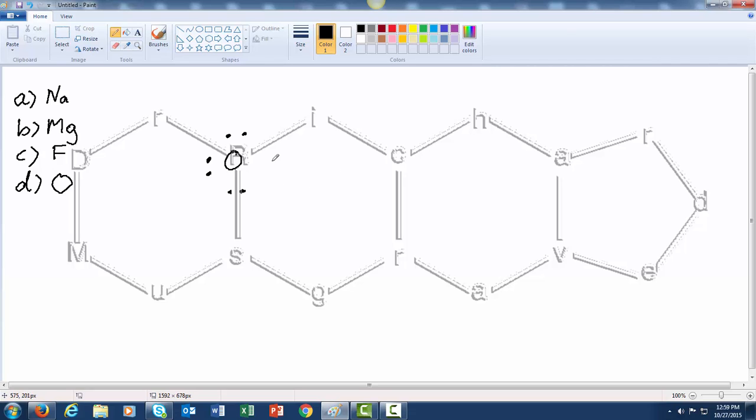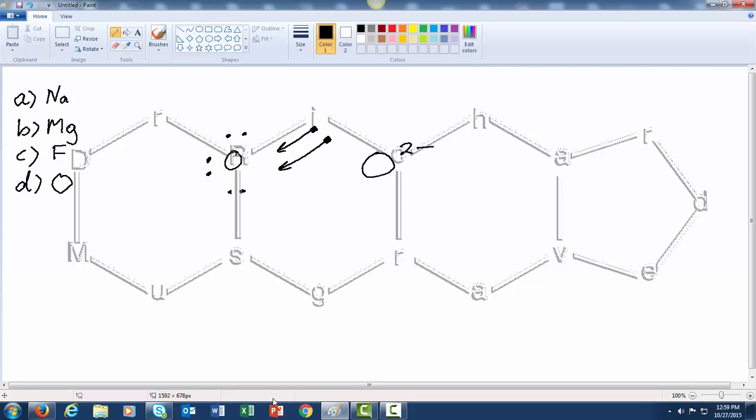In order to become stable, it will gain 2 electrons. And the charge then would be O2 minus.